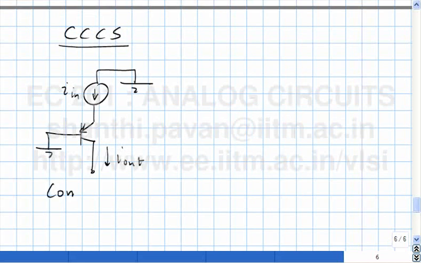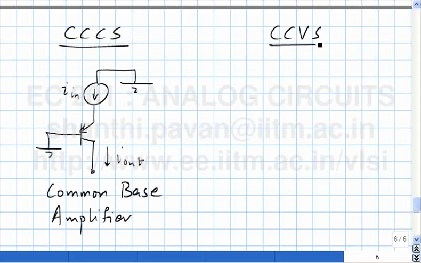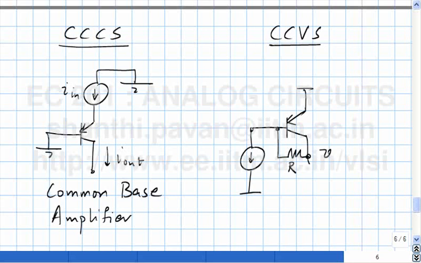Common base amplifier. And the last thing is the current controlled voltage source, and the incremental diagram must look like this. Alright, and what is VO? If GM tends to infinity, VO must be equal to IN times R.